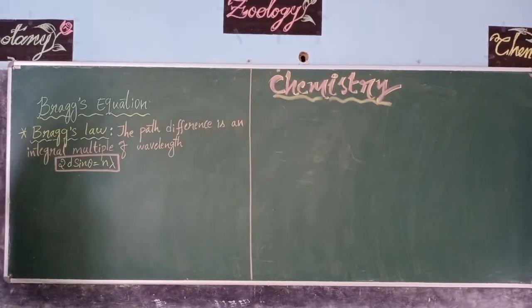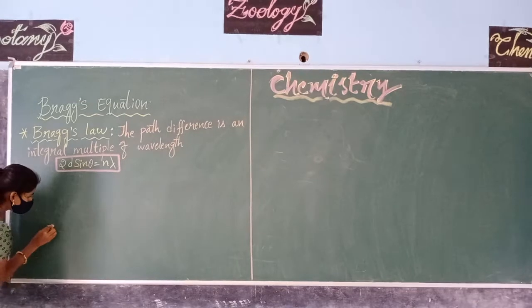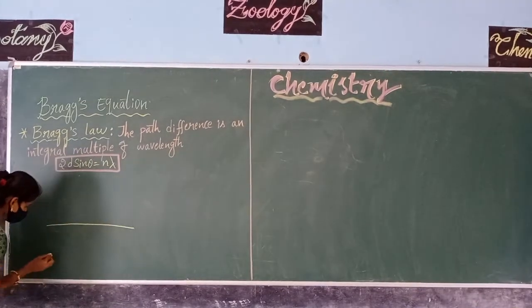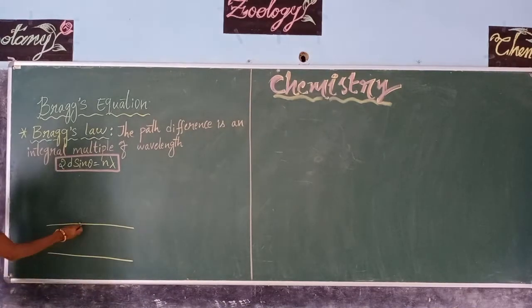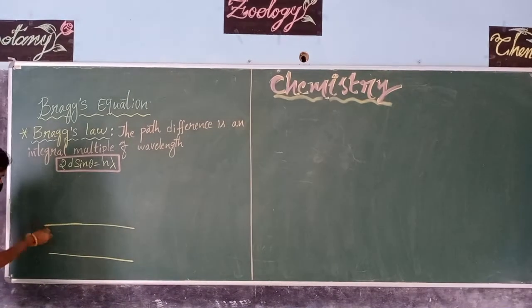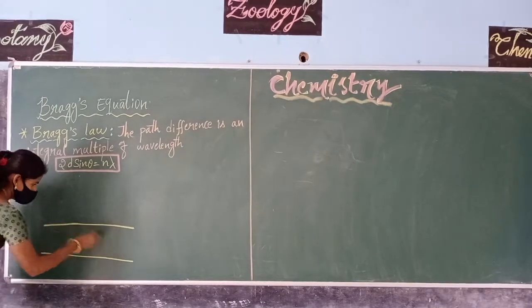Considering that the horizontal lines which I am going to draw here are the planes of the crystal. The two horizontal lines represent the planes of the crystal.